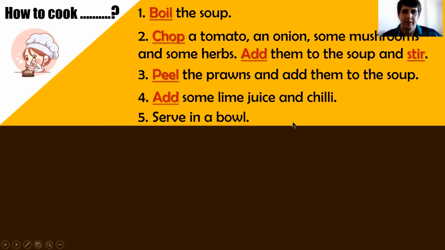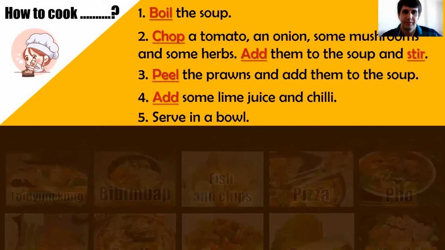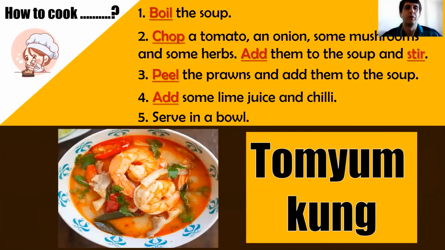What food? Have a guess. What do you think? It is tom yum goong. There we go. We can see the tomato, chili, prawns, spices, herbs. It looks delicious. Okay. Next.